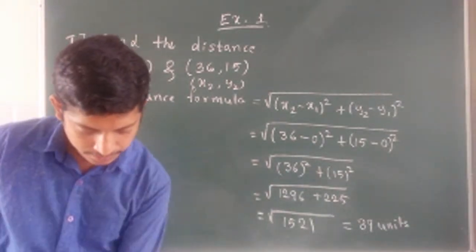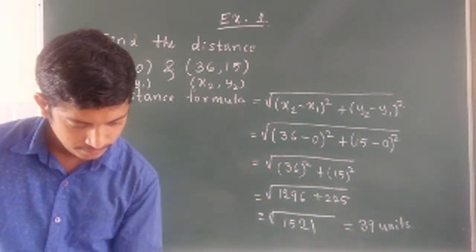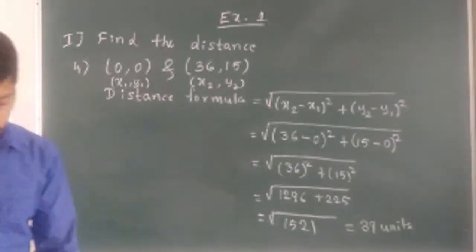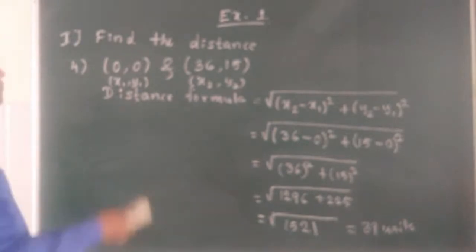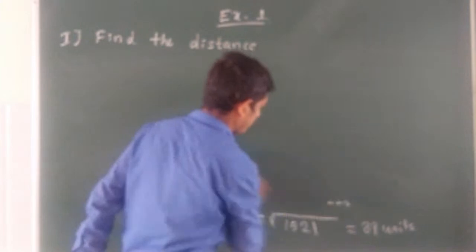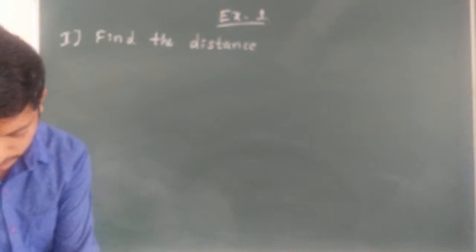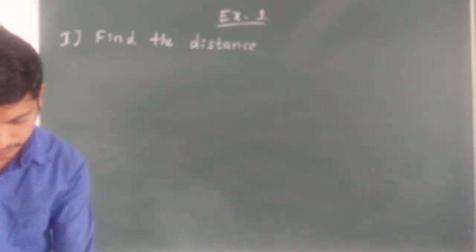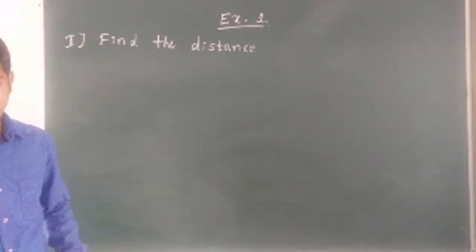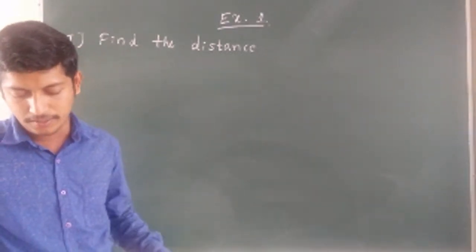The next one. So one graph is given. In a classroom, 4 friends are seated at the points A, B, C and D as shown in the figure.